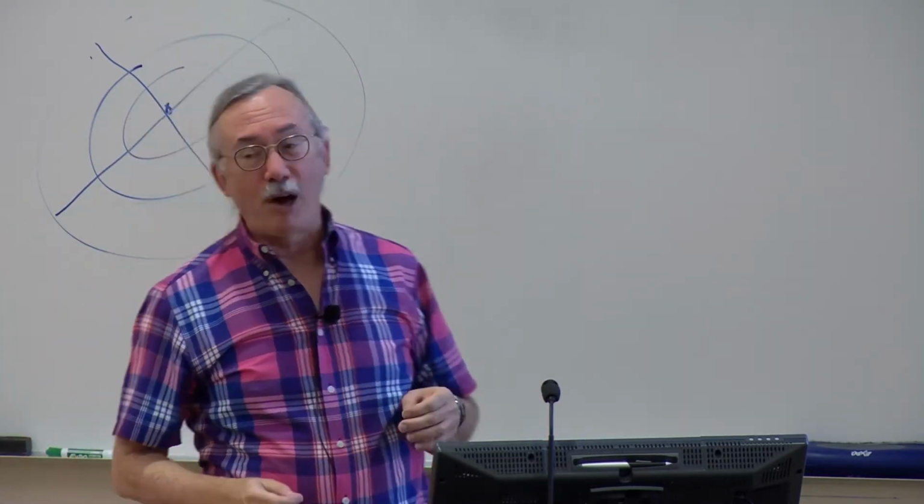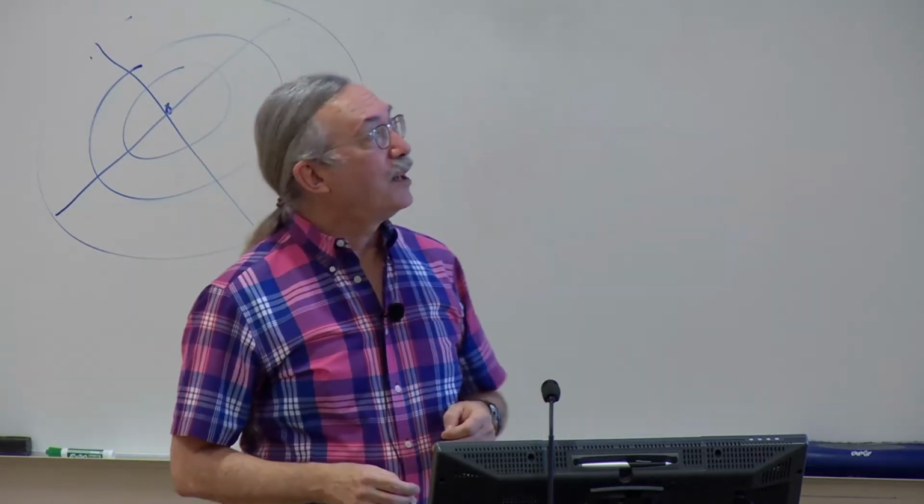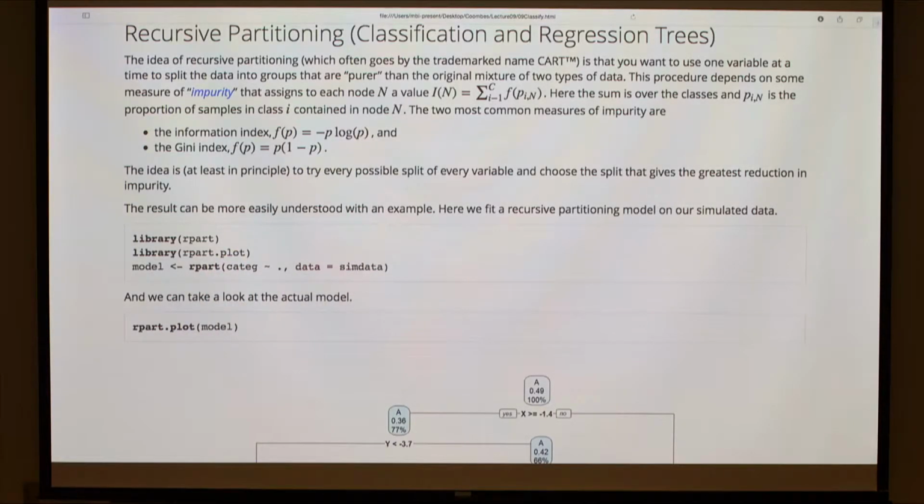There are a couple of functions that are often used for that. One is called the information index, minus p times log p, where p is the proportion of A's in there. The other is called the Gini index, which is just p times 1 minus p. Both of those are peaked at a half and have minima down at 0 and 1.